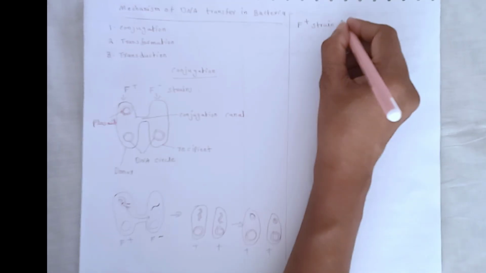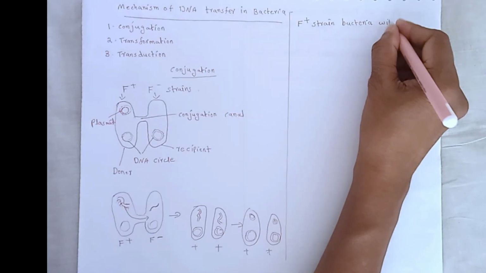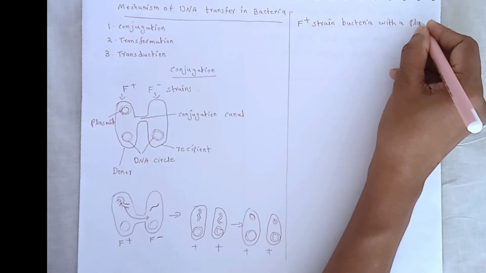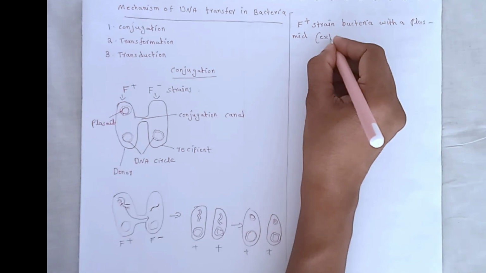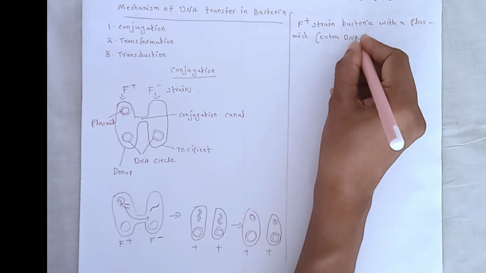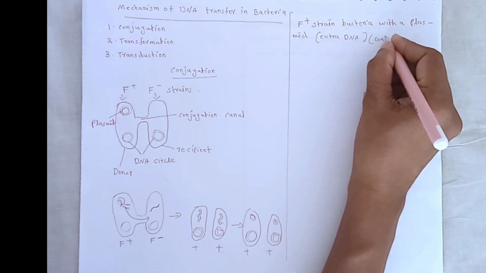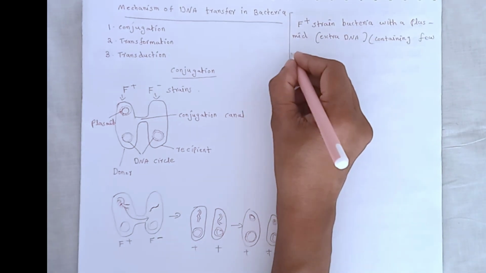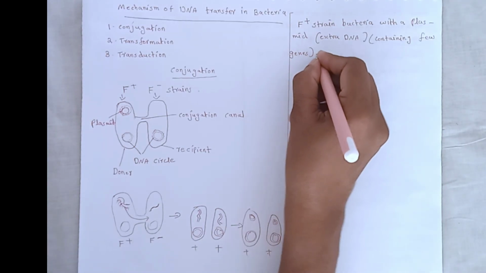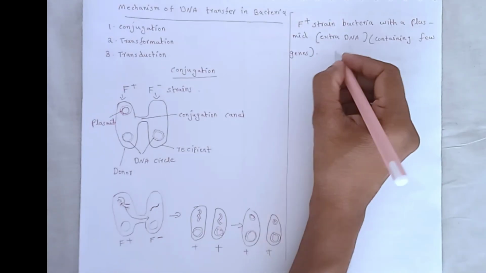The F plus strain bacterium with a plasmid is the donor bacterium. The F plus bacterial strain is known as the donor bacterium.